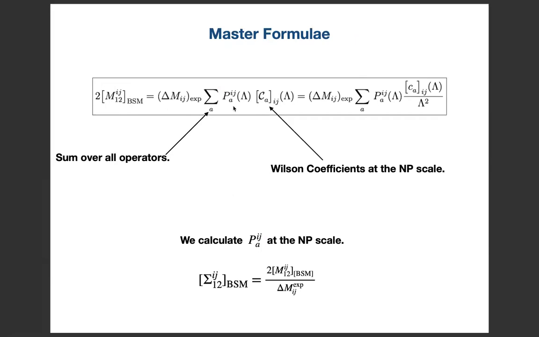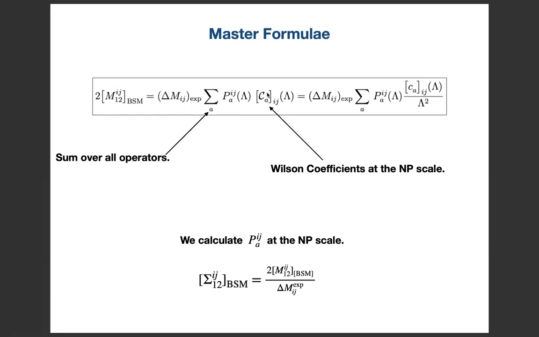At the new physics scale, we calculate these Pij factors. Then it will give us delta M divided by delta M experiment, which we defined as sigma. So this sigma is basically the percentage new physics contribution to M12.